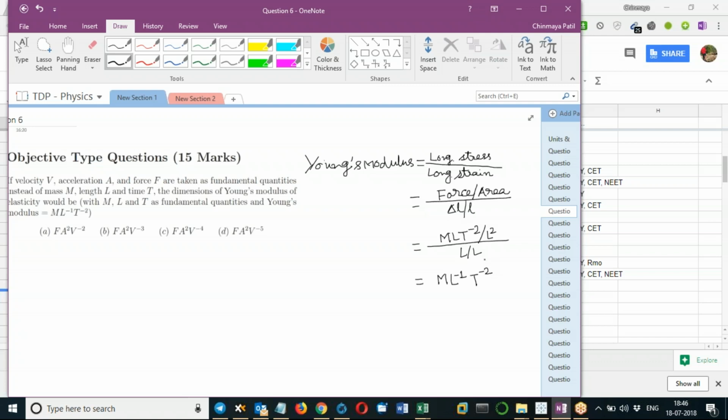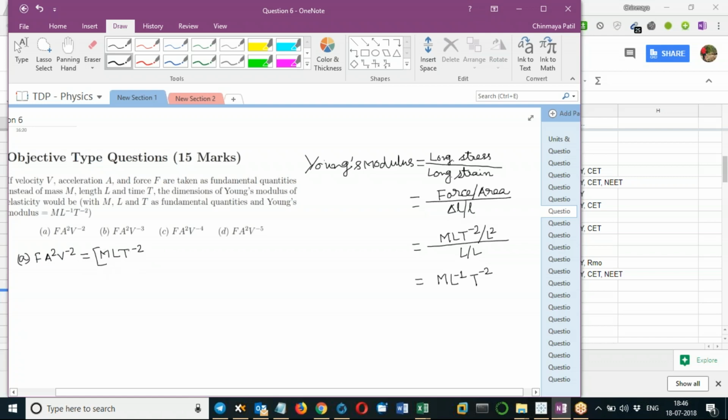If it is not, then you need to proceed further. So, looking into F A square V to the power minus 2, let's see what F is. F we know is M L T to the power minus 2.